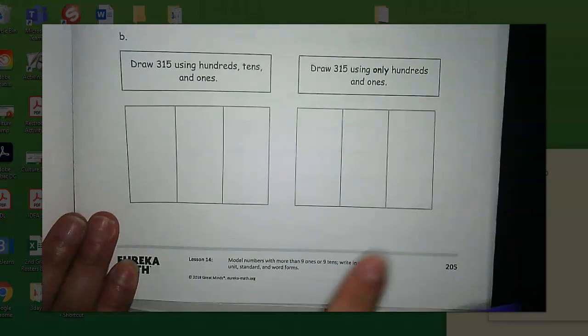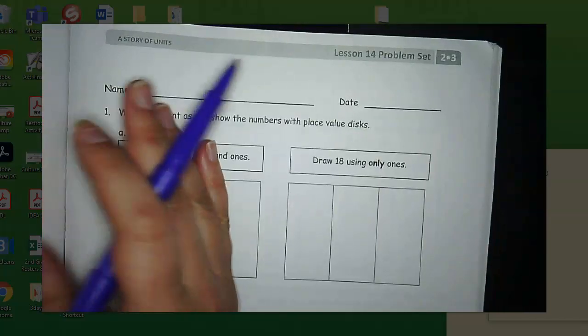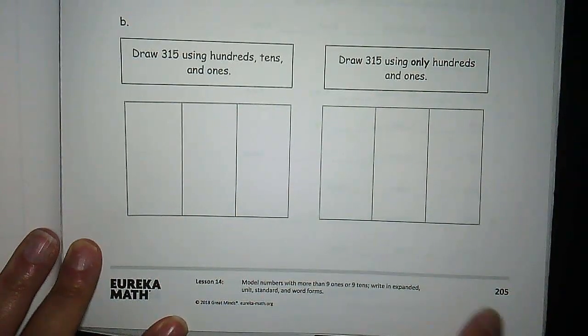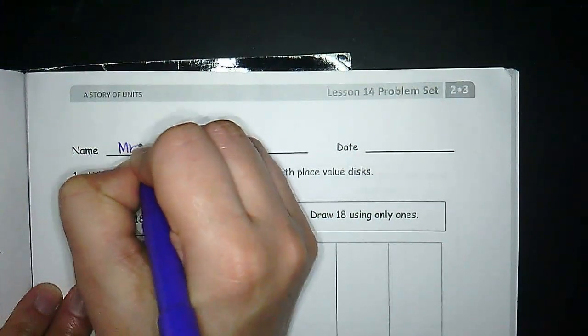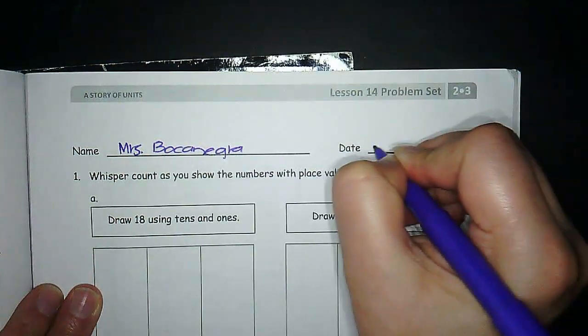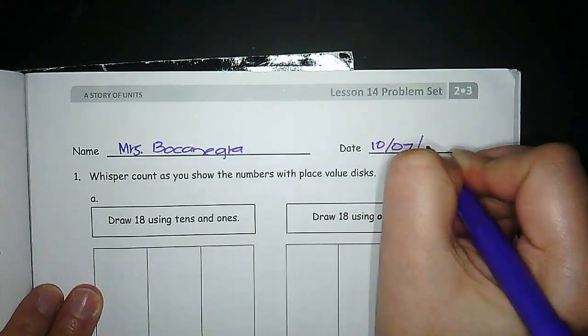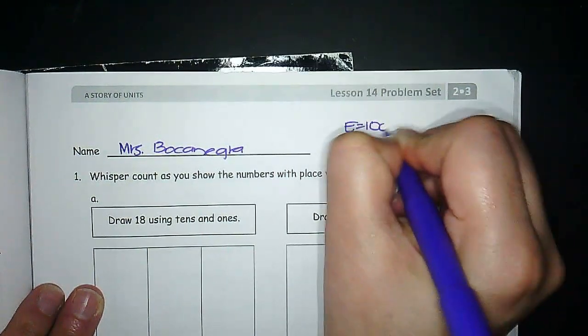Thank you for being on page 205, boys and girls. Make sure you write idea 56 and 57. The date is the 7th. Remember, our goal is to score the 100.